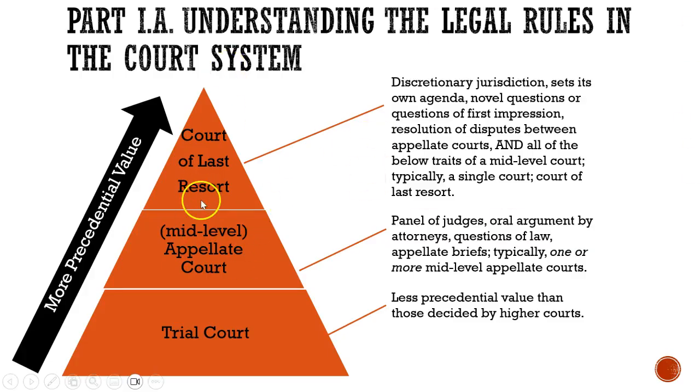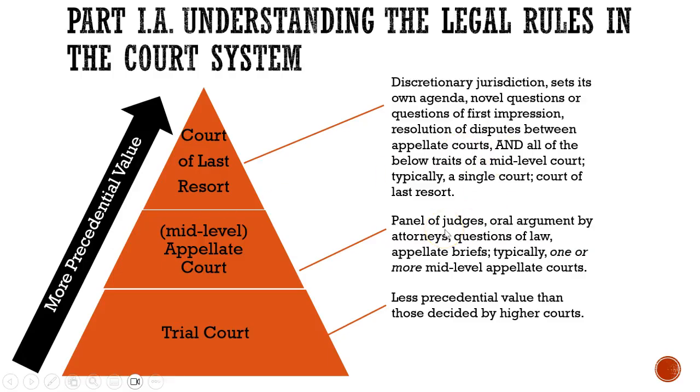The court of last resort, however, being the court of discretionary jurisdiction, they set their own agenda. They typically take on novel questions or questions of first impression, and they resolve disputes between appellate courts. And they have all of these traits here.